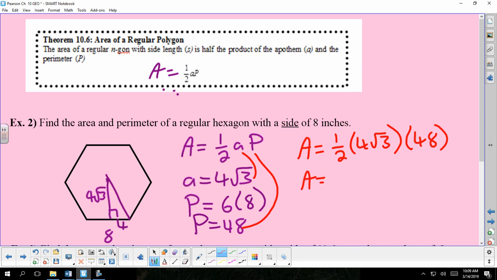Area is 2 root 3 times 48. Multiply that 1/2 times the 4. So our area is, just like we found using equilateral triangles, 96 root 3 inches squared.